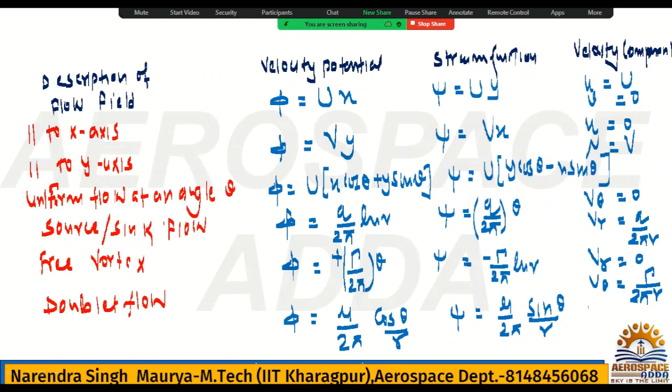The radial will be minus mu upon 2 pi cos theta by r square. And what will be the tangential velocity? It will be minus mu upon 2 pi sin theta by r square. Done.